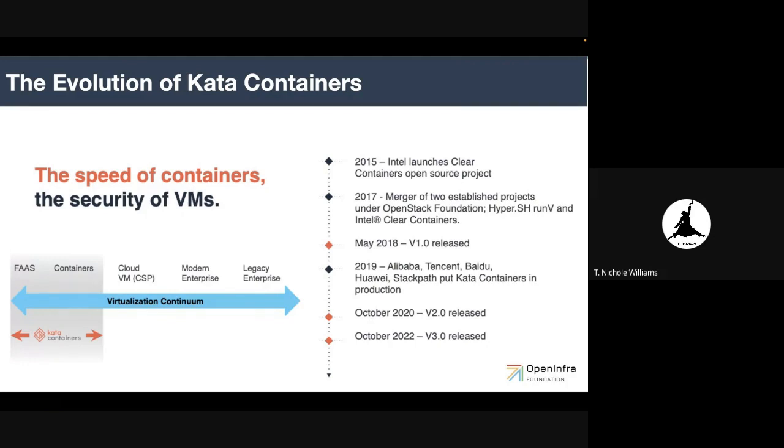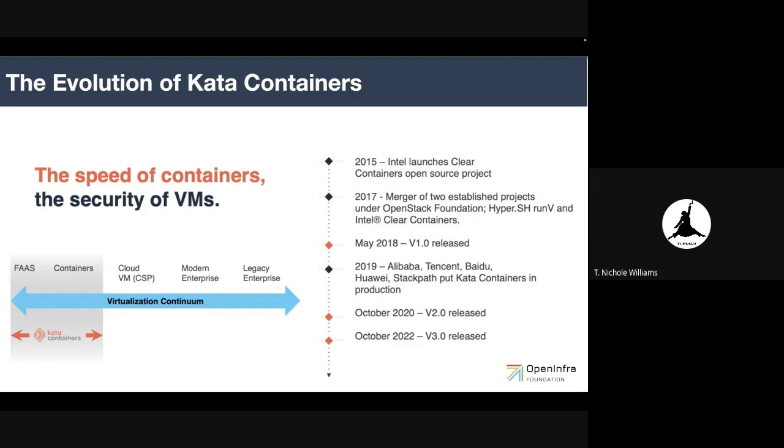What Kata Containers does is it brings together the best of both of these technologies with a common vision of retooling virtualization to fit container native applications in order to deliver the speed of containers and the security of VMs. It benefits from each of those projects' strengths.